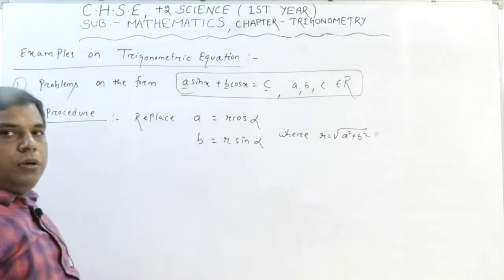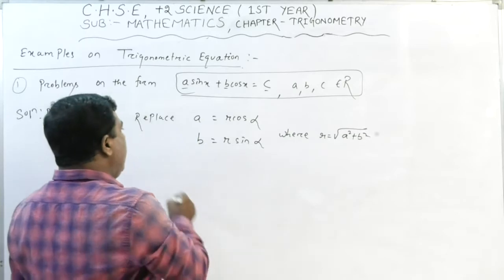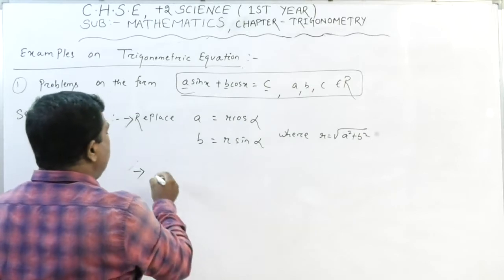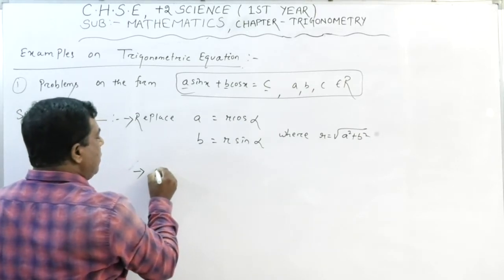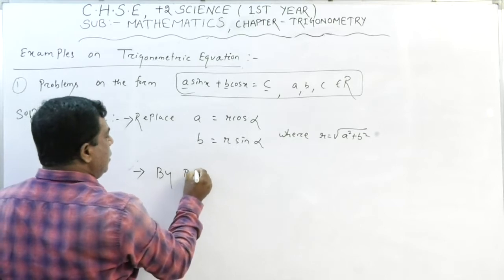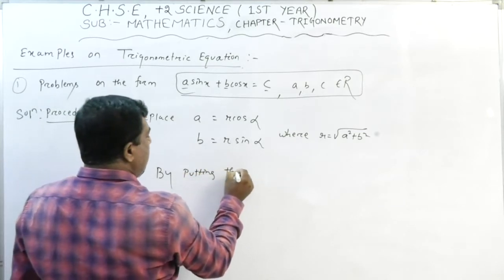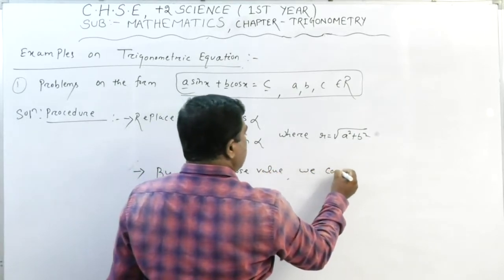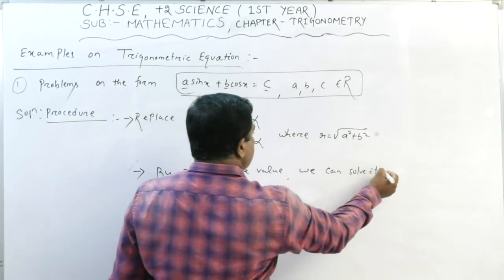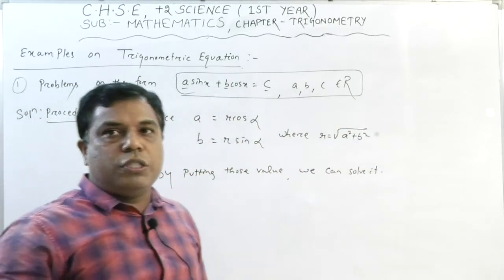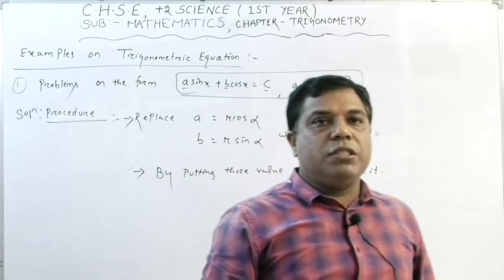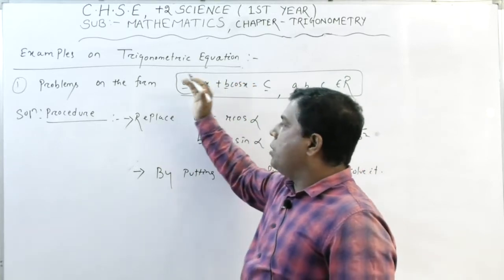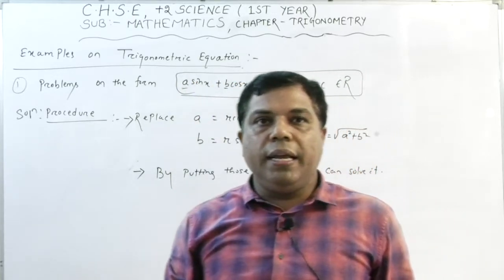That we have to do. Next, by putting those values, we can solve it. In this way we proceed to find the solution of this type of trigonometric equations.